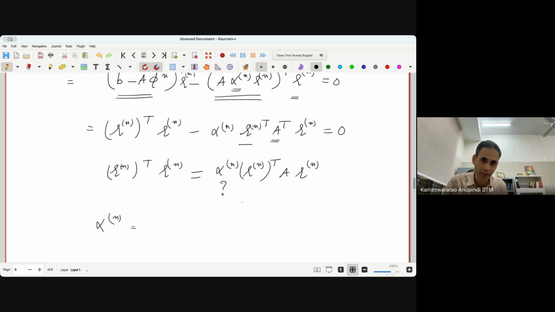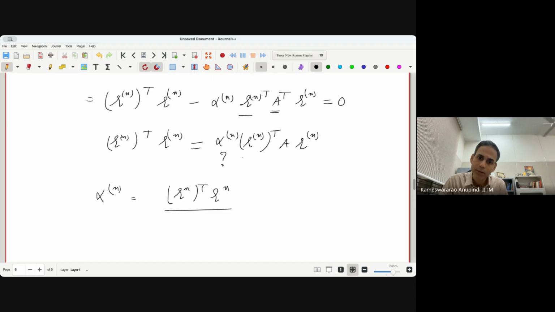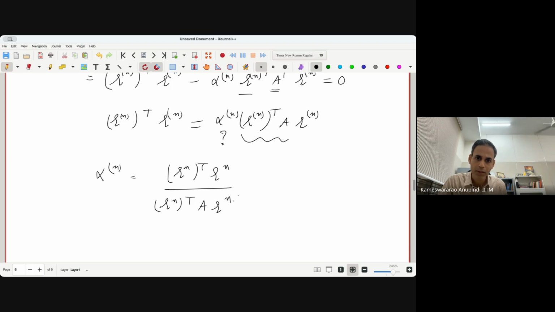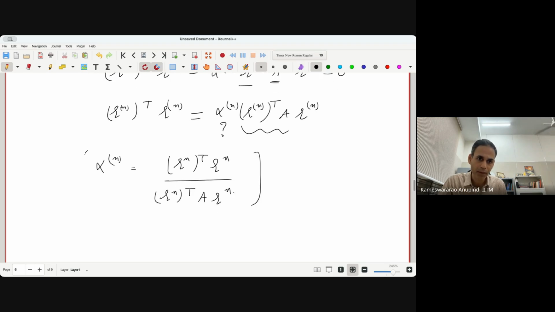That is alpha n equals Rn transpose Rn divided by Rn transpose A times Rn. This is the step length we want to take in direction Rn.